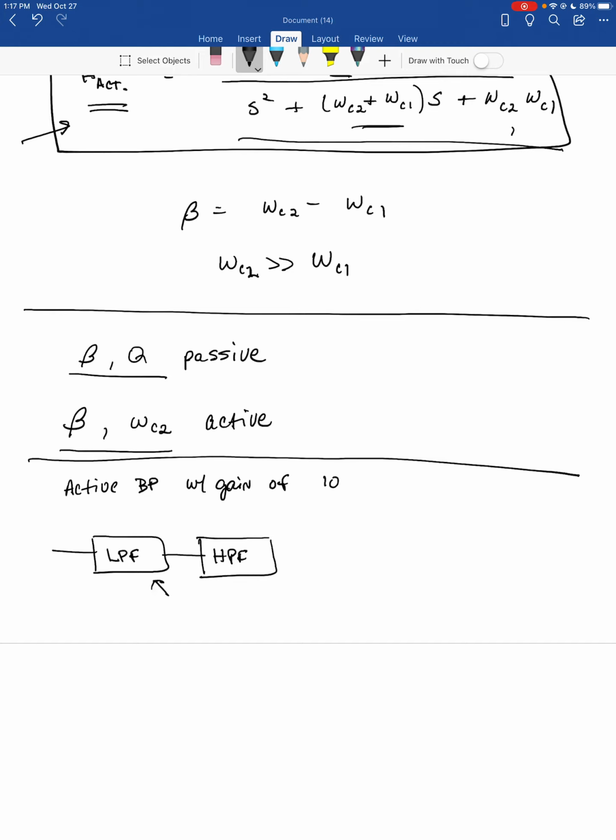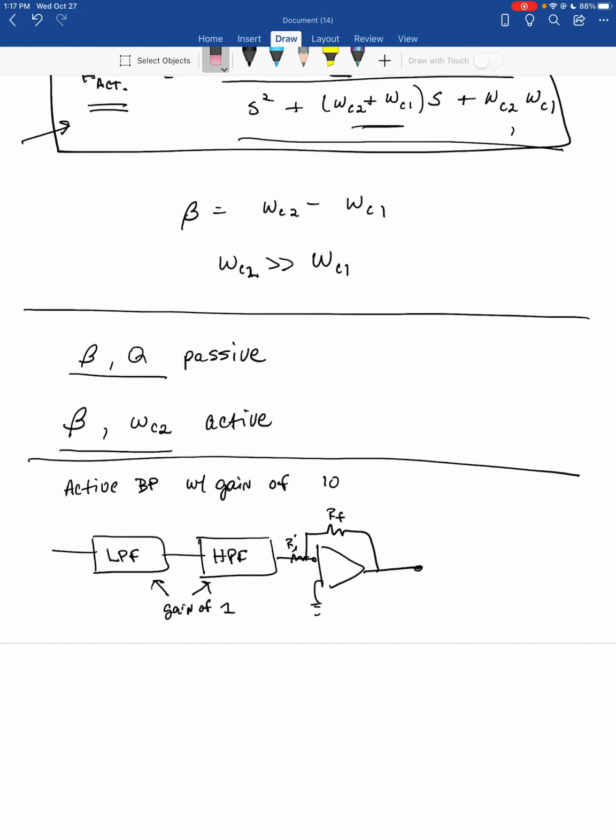And it's highly recommended to design these two with a gain of 1. And then from there, you design a single resistor-based op-amp circuit, inverting amplifier, inverting.